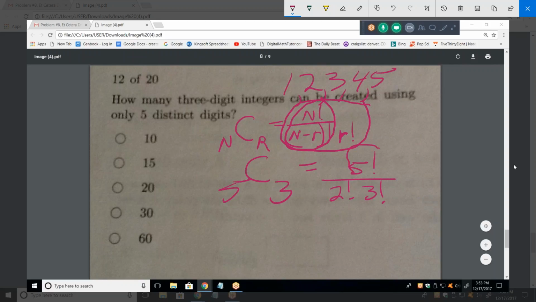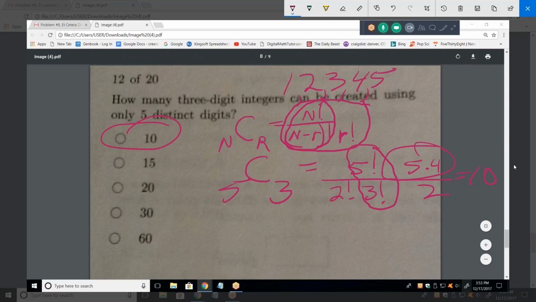The way to do that is to start there and make that 5 times 4 right off the get-go, divided by 2. In other words, take the smaller factorial and wipe out everything to the right of that. So instead of 5 times 4 times 3 times 2 times 1, the 3 times 2 times 1 gets taken out by the 3 factorial on the bottom, leaving you with just 5 times 4 in the numerator. Okay? Now, I think that's the answer.